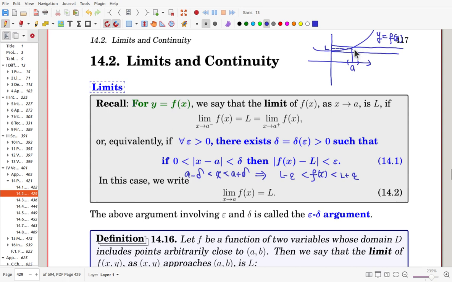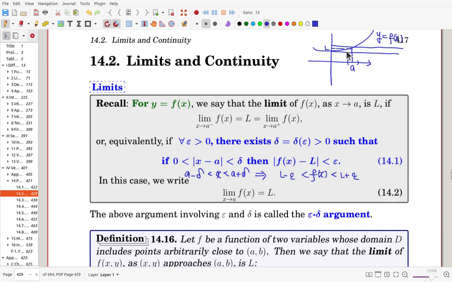No matter how small epsilon is, you can always find such an interval in the x direction such that if x is chosen from this interval, then the function values must be inside this strip.